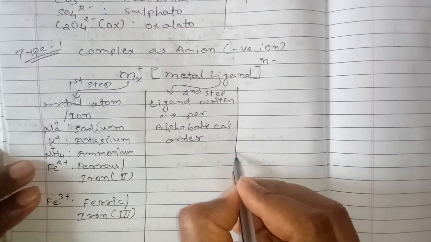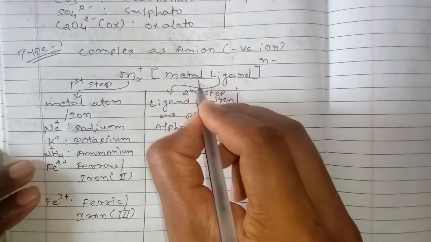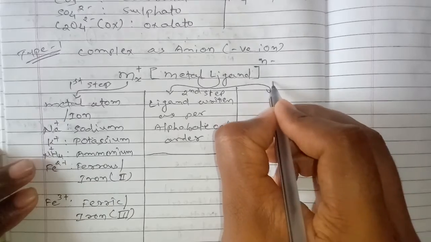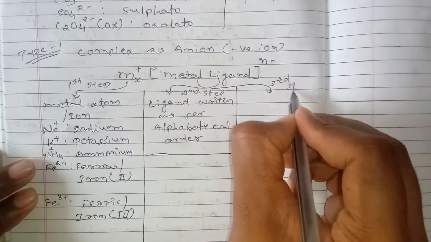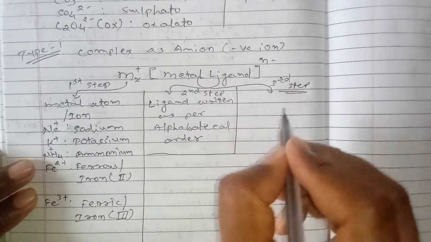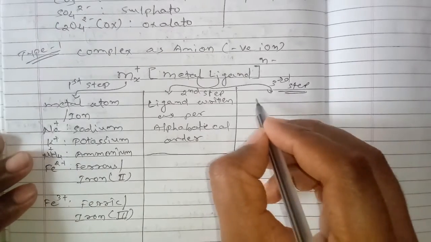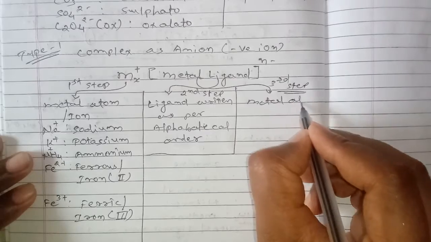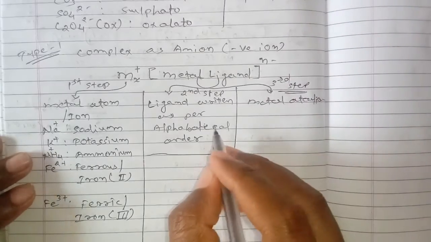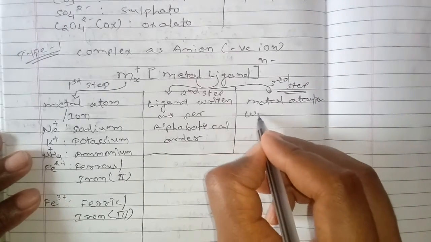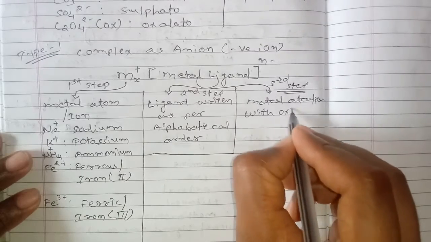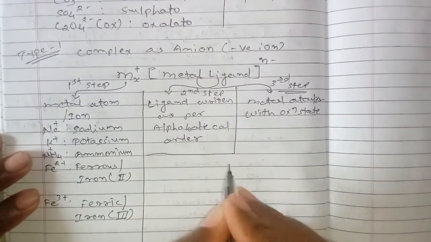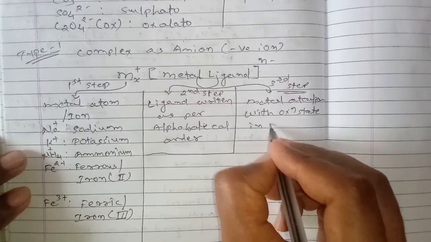Now the third step is the metal ion or atom with oxidation state in Roman numerals.